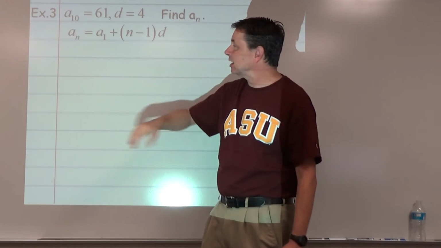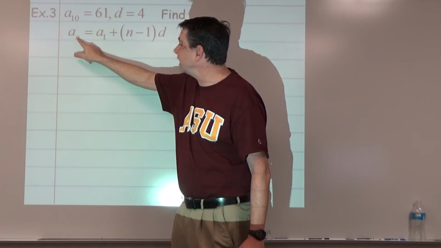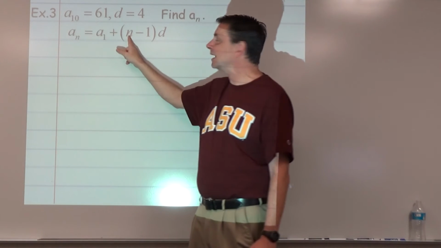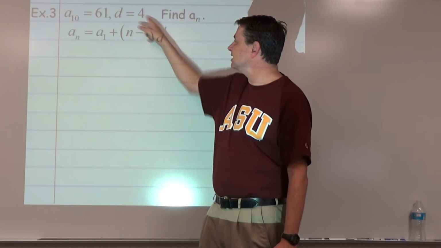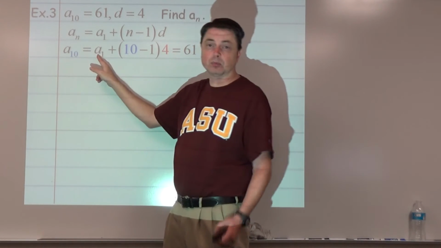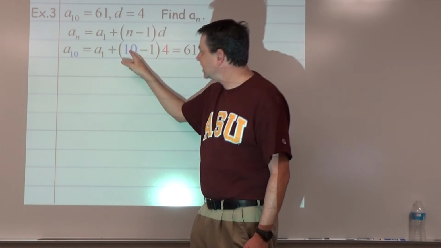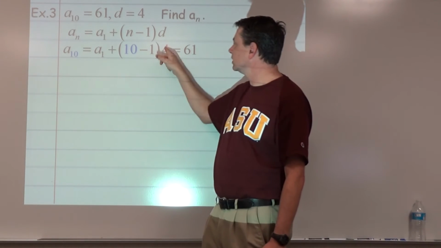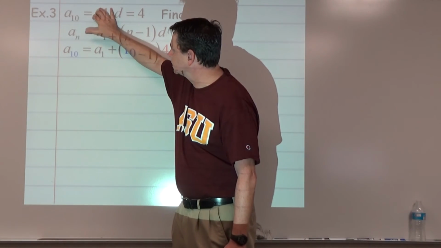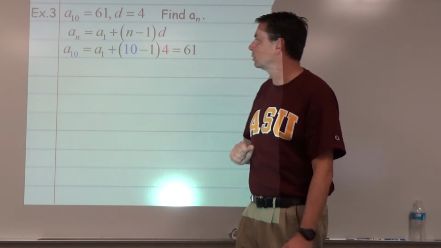For a sub 10, if we're making it a sub 10, then we know n. If that's a 10, then that's a 10. And we know d, we were told d is 4. So a sub 10 is a sub 1 unknown plus 10 minus 1 times 4. And that all equals 61 because that's what was told to us in the problem.